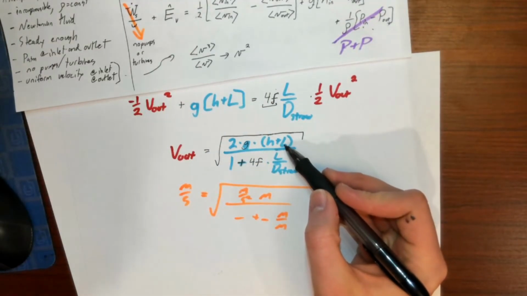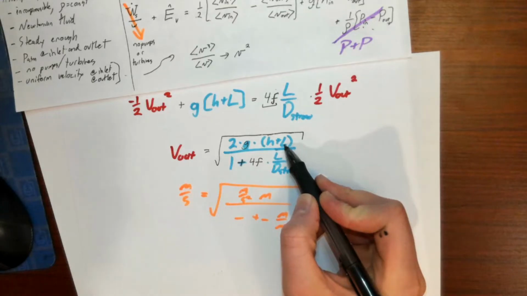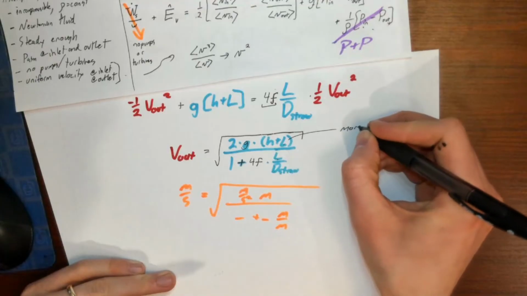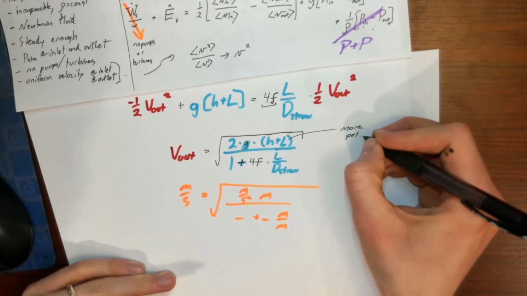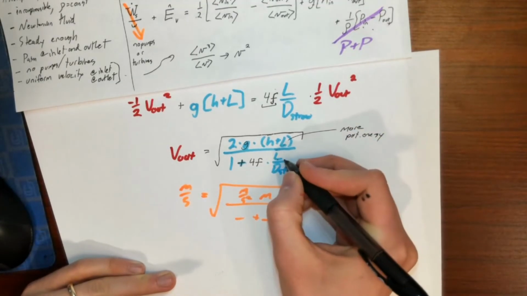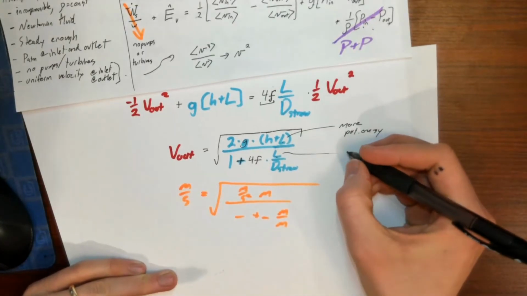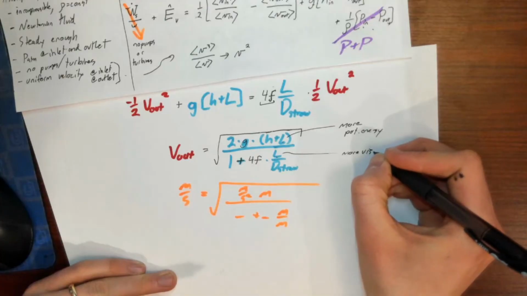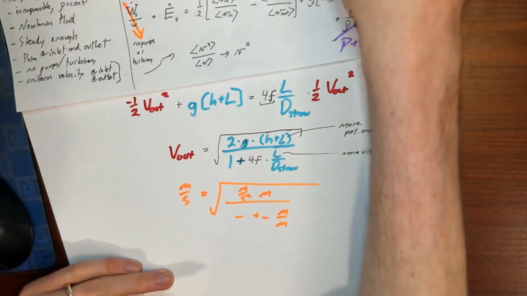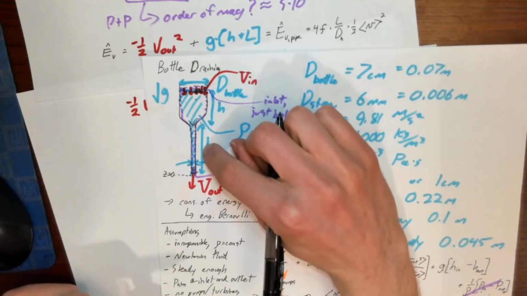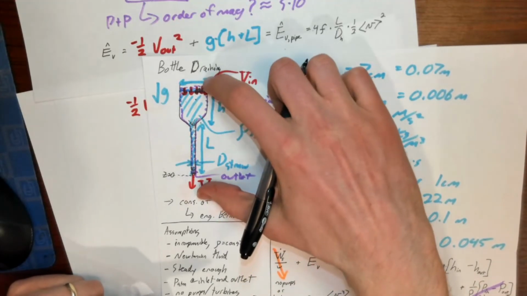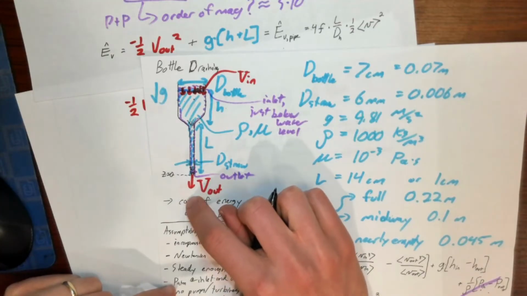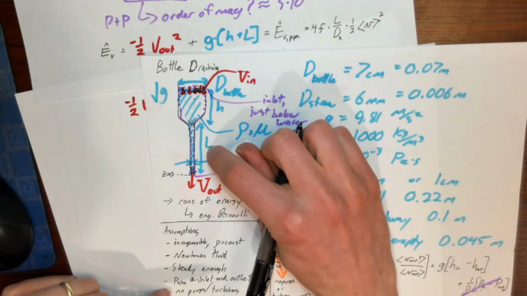And then in the numerator, we have an L, but also we have an L in the denominator. The L in the numerator is basically more potential energy, but the L in the denominator basically says there's more viscous loss. So when we add the straw, we essentially give the fluid more potential energy by the time it exits the system by having a straw with some length.